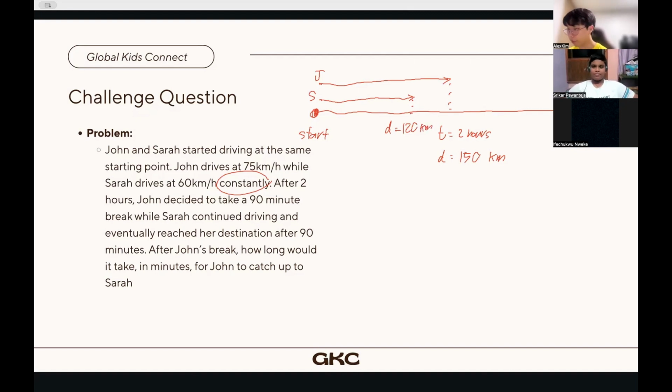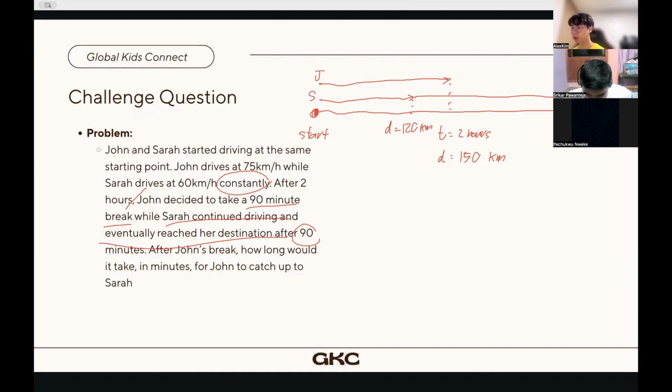After these 2 hours, John decided to take a 90-minute break, while Sarah continued driving and eventually reached her destination after those 90 minutes. So Sarah drove 90 minutes more to reach the finish point. That's an extra 1.5 hours of driving.